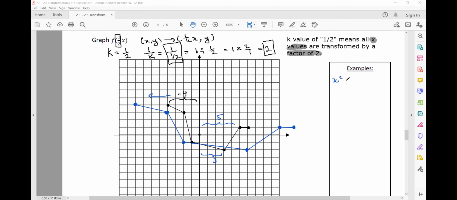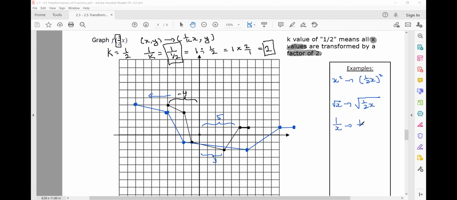So example, if I had x squared, this would become, it would look like this. A 1/2 is multiplying to x before the square, and that results in a horizontal stretch. If it was square root of x, that would be 1/2 x inside the square root.